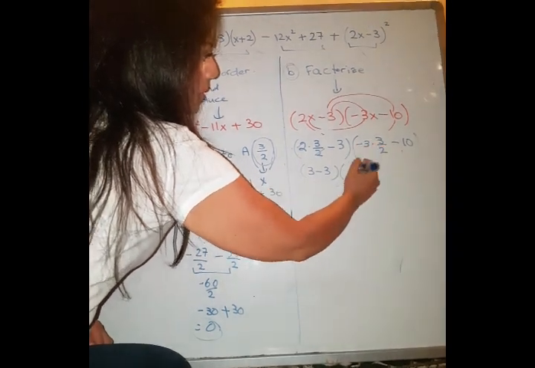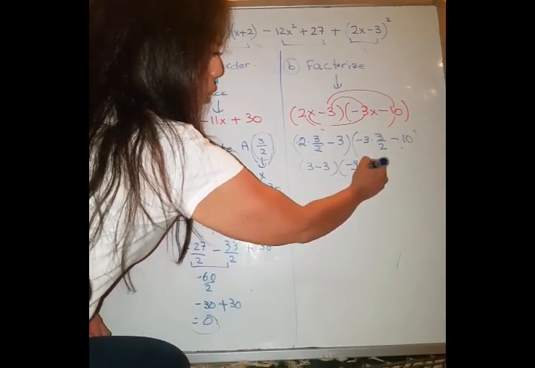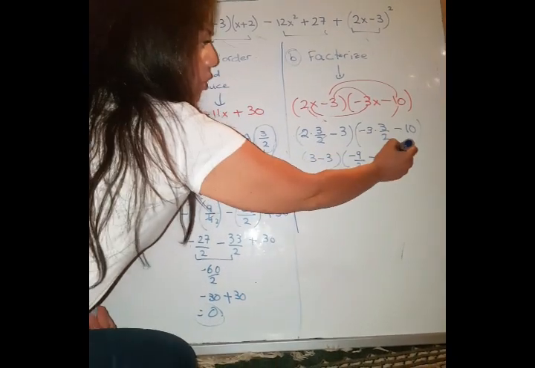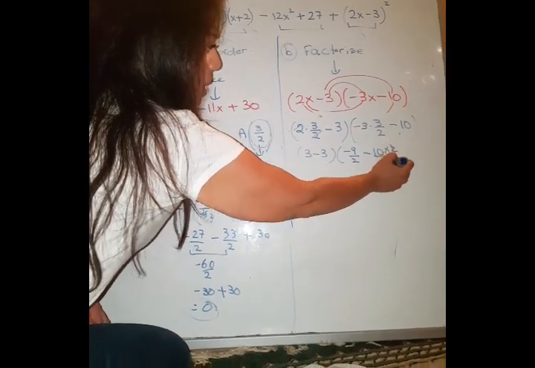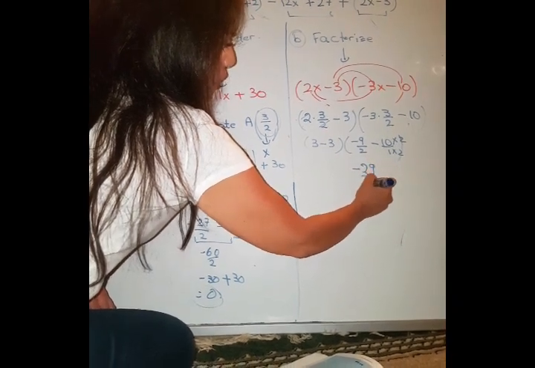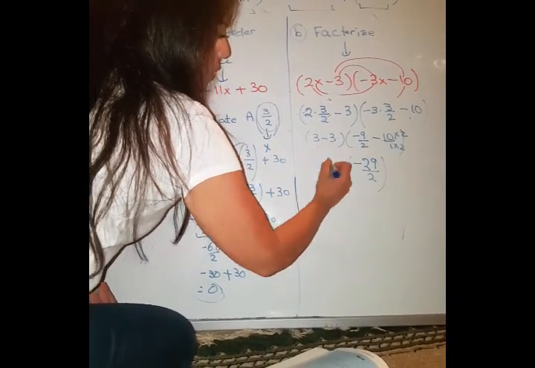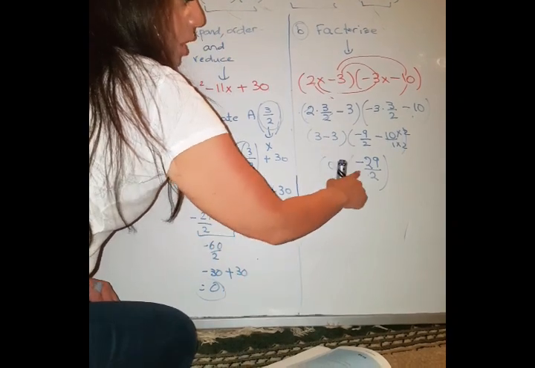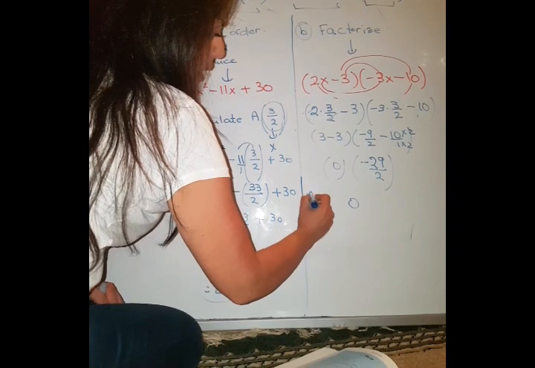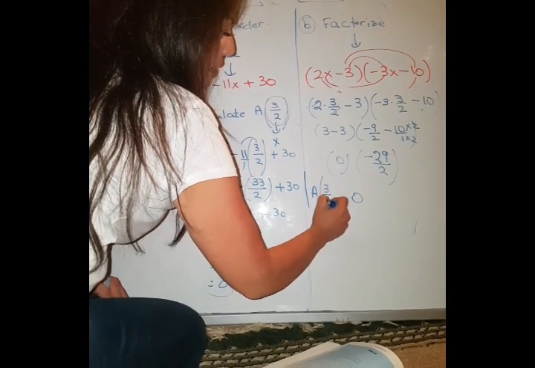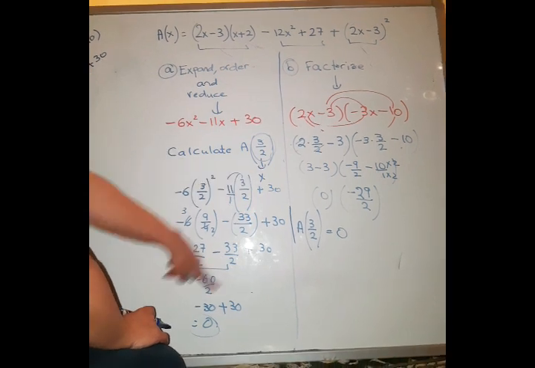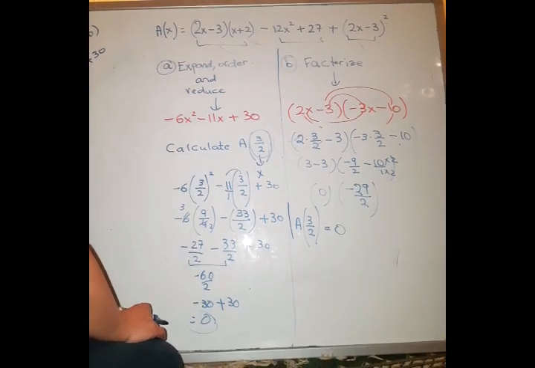And then this is negative 9 over 2 minus 10 over 1, which is, if you do it on your calculator, similar denominators, which is negative 29 over 2. 3 minus 3 is a 0. So 0 times a negative 29 over 2 is a 0. So whenever a of x is 3 over 2, the expression is equal to 0. Both give me the same answer, whatever it is.